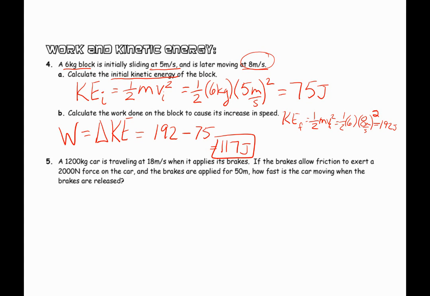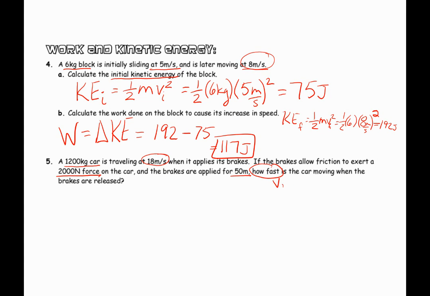Now, the next question says a 1,200 kilogram car is traveling at 18 meters per second when it applies the brakes. So applying the brakes, there is a force being applied there. If the brakes allow friction to exert a 2,000 Newton force on the car, and the brakes are applied for 50 meters, how fast is the car moving when the brakes are released? So we're looking at how fast is when the brakes release.